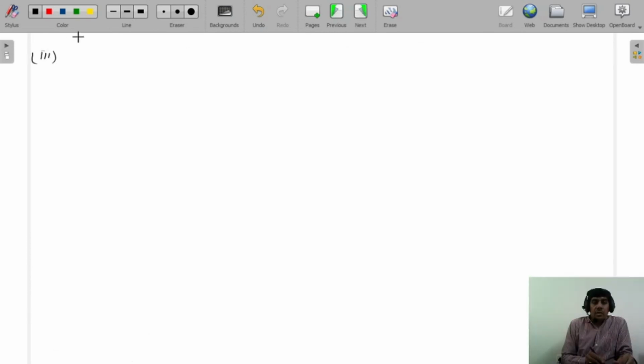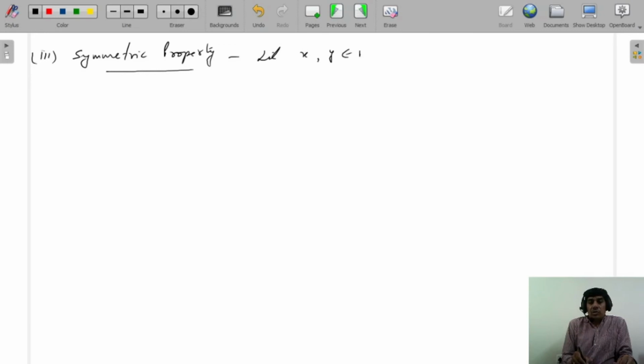Third, symmetric property. Let x, y belong to Rn. dxy is equal to the summation, i varies from 1 to n, of (xi minus yi) squared, raised to power 1 by 2.